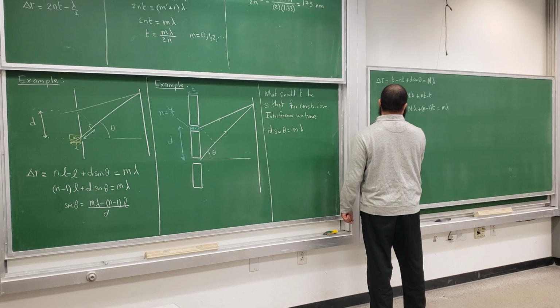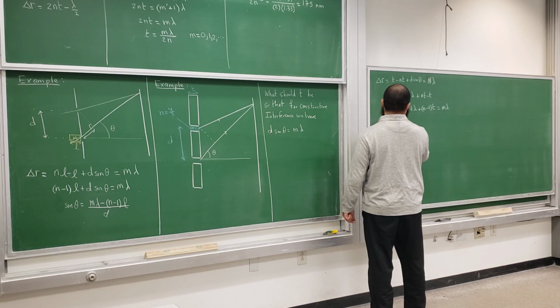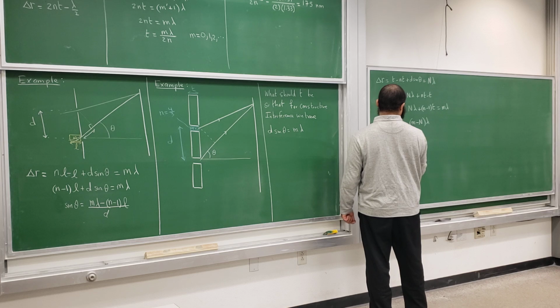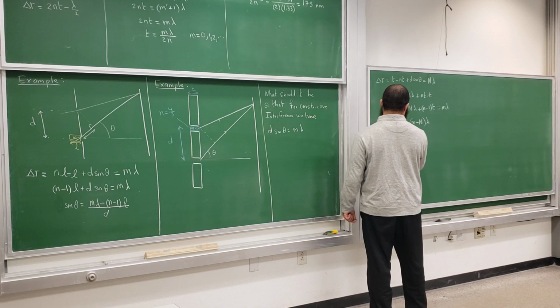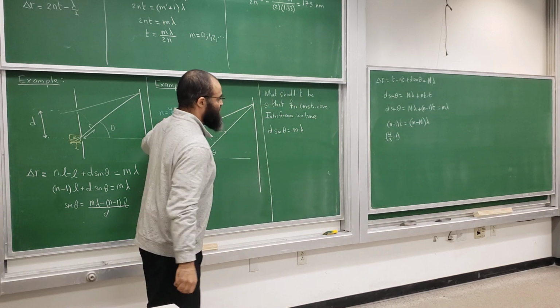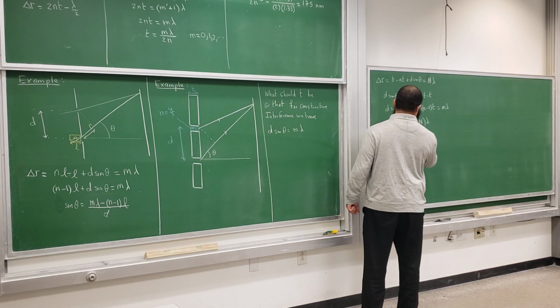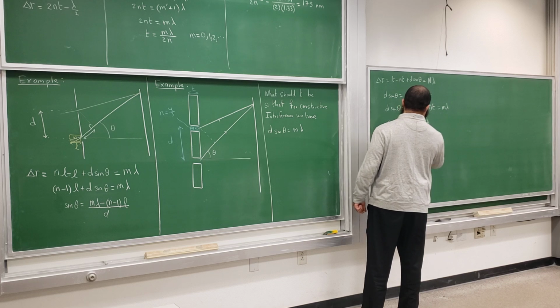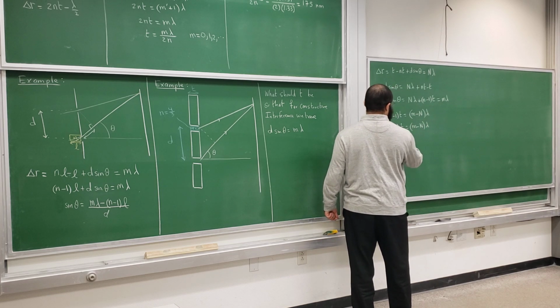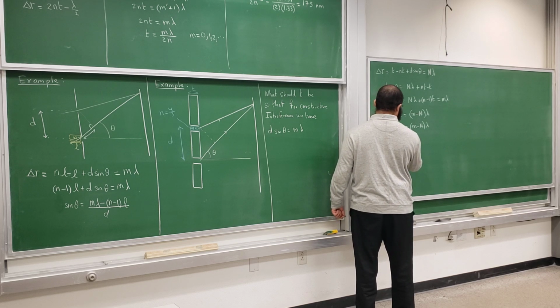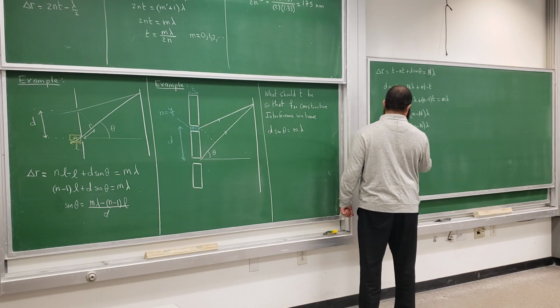So n minus 1 times t is equal to m minus capital N times lambda. n is 4/3, so 4/3 minus 1 is 1/3, so 1/3 of t is equal to m minus capital N times lambda.